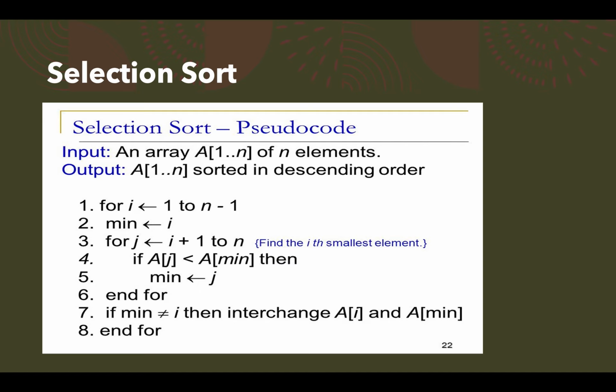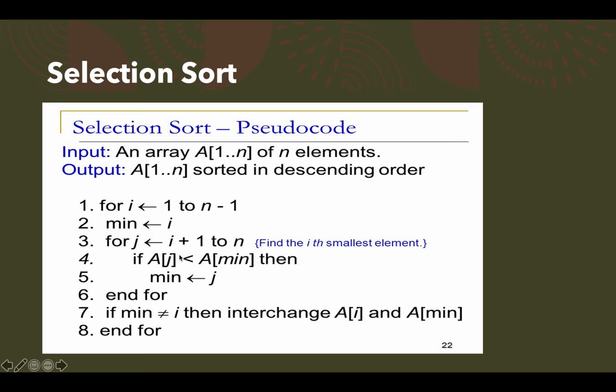Next is selection sort. You can see the selection sort logic is given here. In the selection sort, the output is expected in the descending order. Every time you can see here i is equal to 1 to n minus 1, so the outer loop is executing for n minus 1 times.